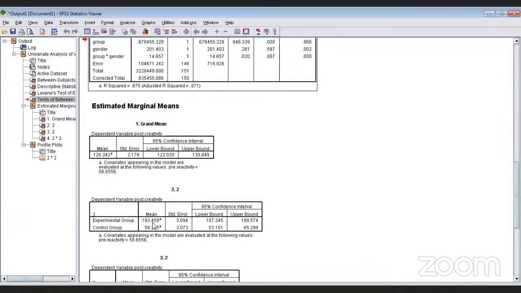So it is 193.46. So A means adjusted. Here it is written covariate appearing. So it is 193.46. And control group adjusted mean score is 59.225. So it is 59.22.